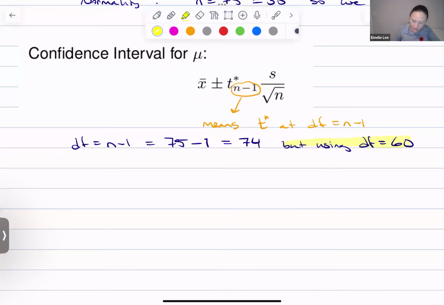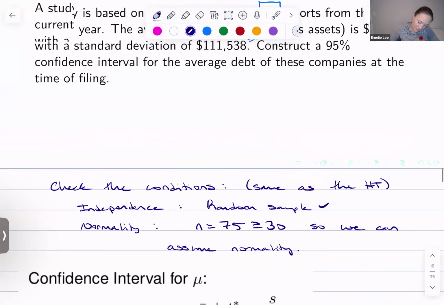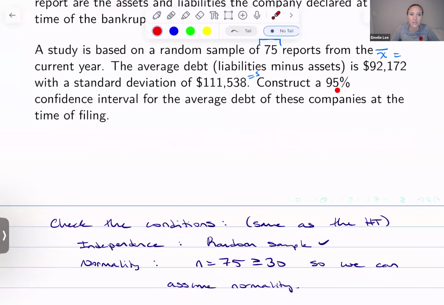That's to show me that you knew to round down and you knew to use 60. Right? So T star at 60 degrees of freedom for a 95% confidence interval.